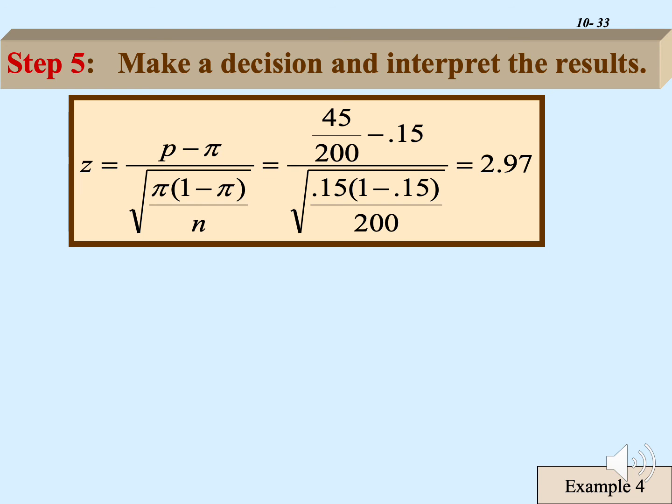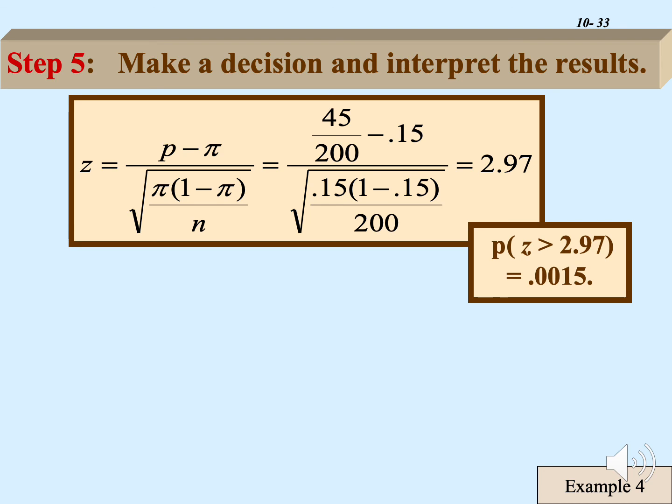So 45, you get the percentage for this one minus 0.15, then all over the square root of 0.15 times 0.85 over 200, so 2.97. Again, looking at that on the table Z.